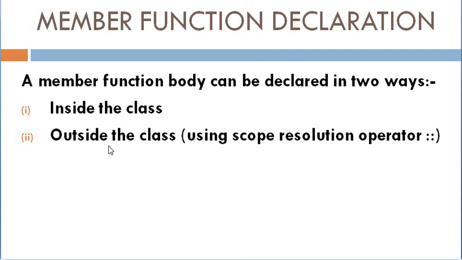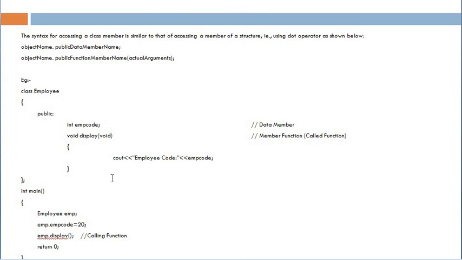If you are to declare the member function outside of the class, that can be done using the scope resolution operator, which is indicated with the help of these two colons. Now this was the example that I have already discussed. Here is this class called employee, and I have declared this member function called display inside this class.